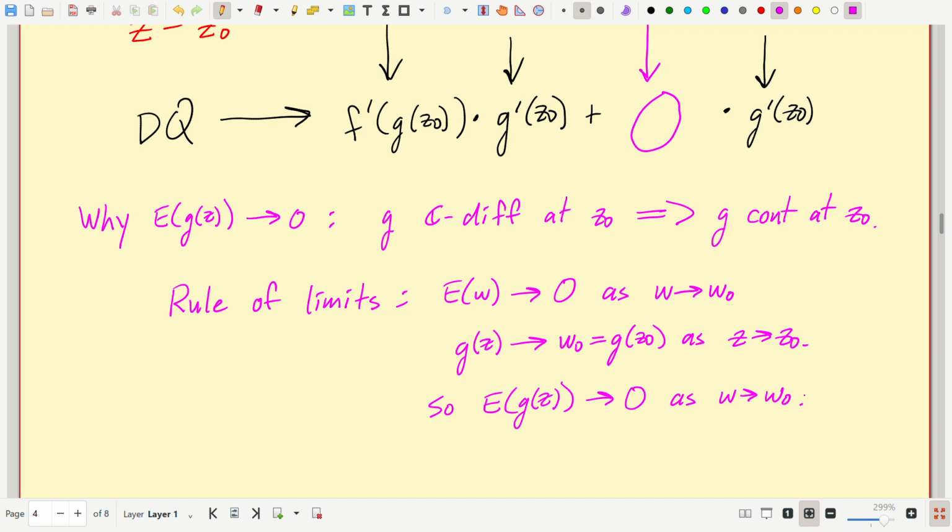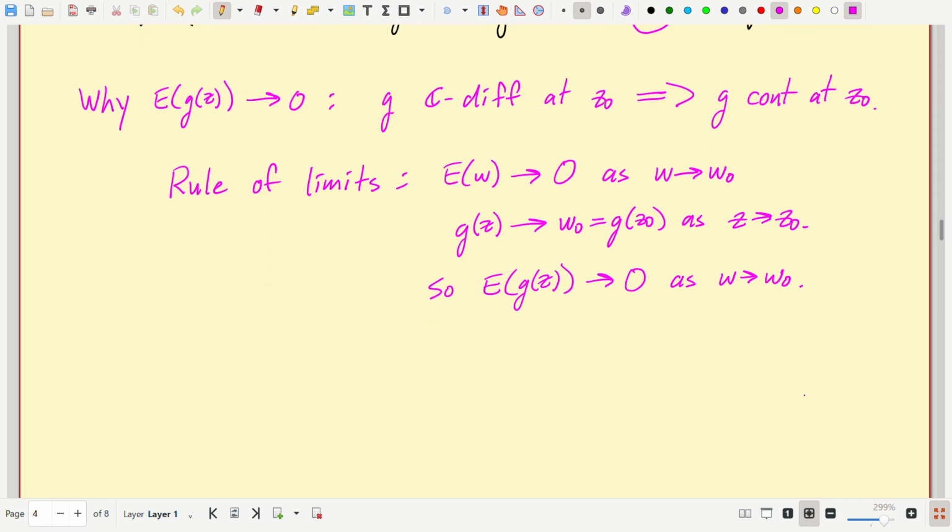Does this bother anybody? The G of Z might actually be equal to W naught someplace.